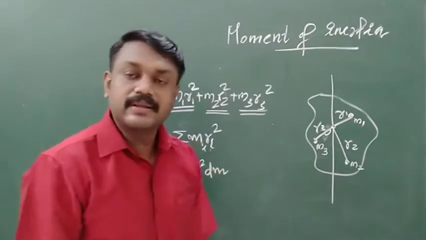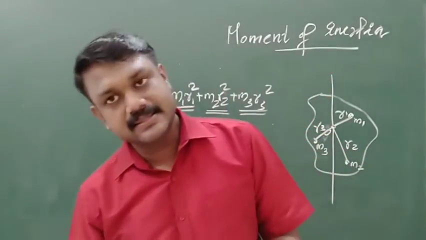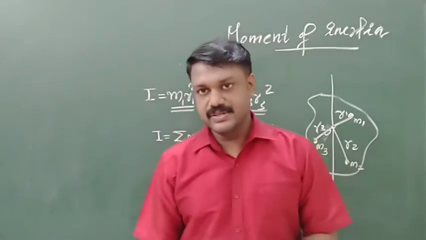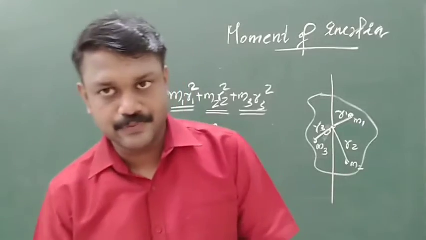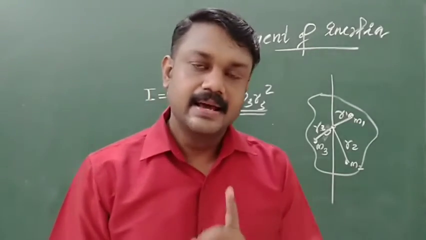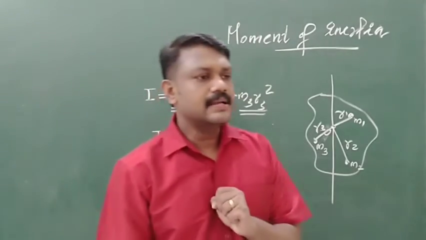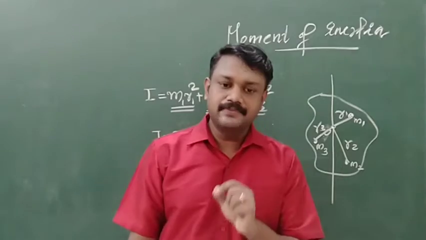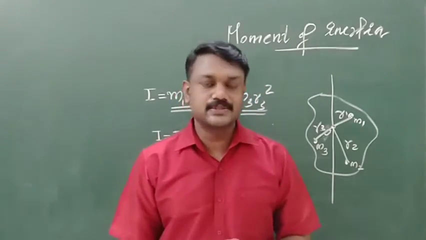Whenever the axis of rotation changes, moment of inertia changes. Whenever the mass changes, moment of inertia changes. So the same object can have different moments of inertia depending upon the position of the axis of rotation.